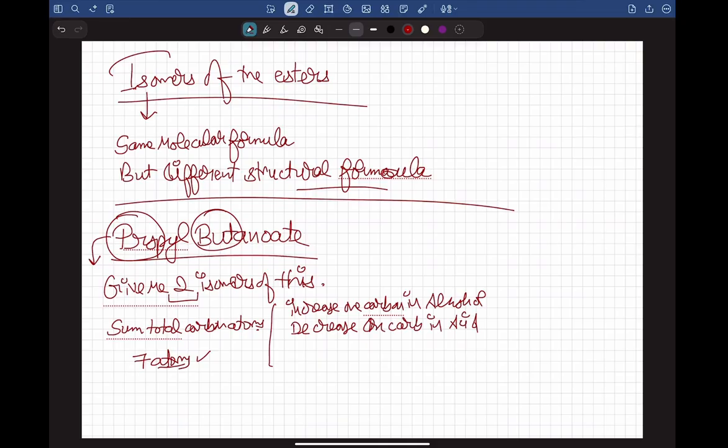What do I mean by this? If it is propyl butanoate, instead of propyl, you can call it butyl. But butanoate, you can write as propanoate. Now, if you will try to total this, again it will come out to be 7 carbon atoms. So this is another isomer. Let's say they're asking you for another isomer. So now you can do the other way around.